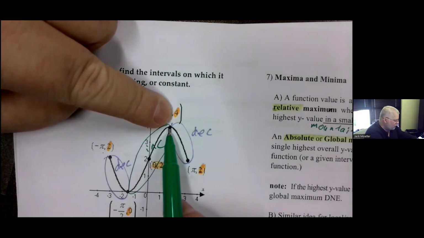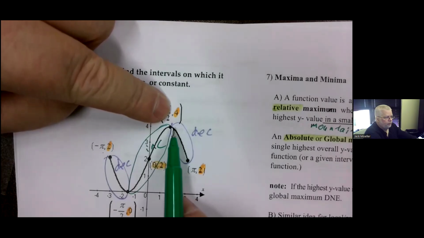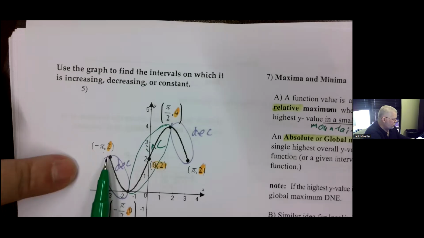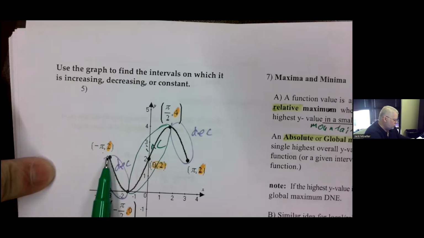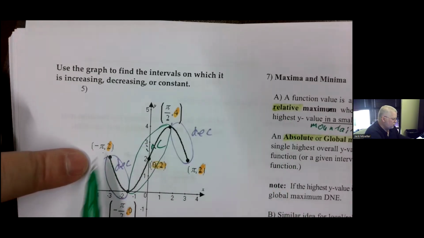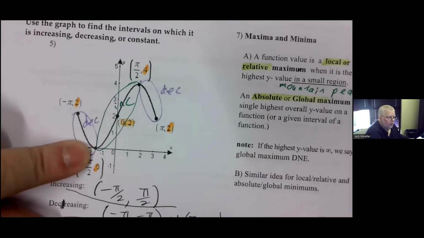That y value is higher than all the y values around it. Now, this point right here is not a mountain peak because the graph stops. I don't know, it could keep going up or it could be coming back down. To be a relative maximum or minimum, you either need a peak, or, for a minimum, the opposite of a peak, which we call a valley.